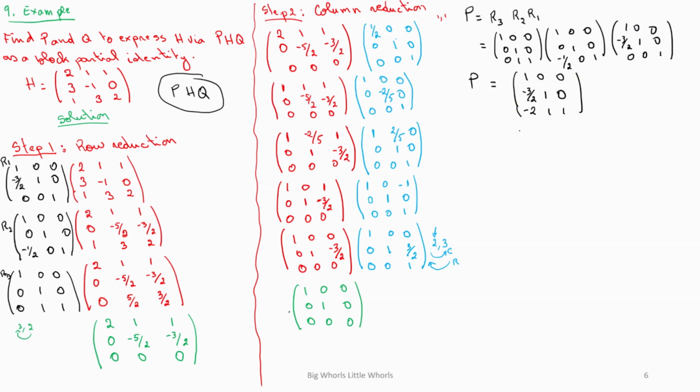That is P. Let's make sure, let's check, because these operations are simple, but you can easily make mistakes. If you make a mistake somewhere, then you are doomed.